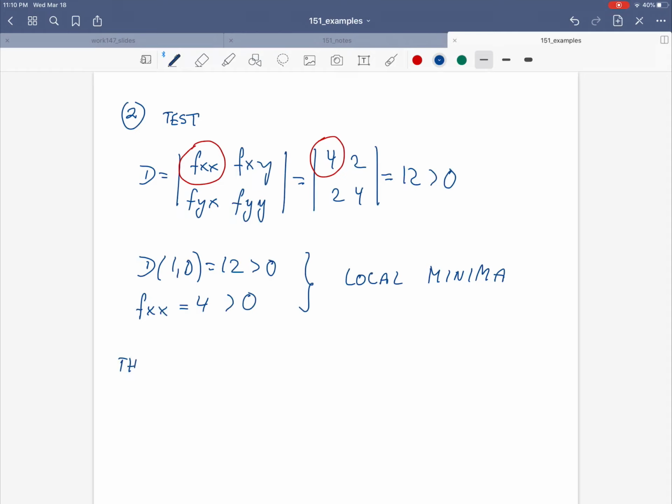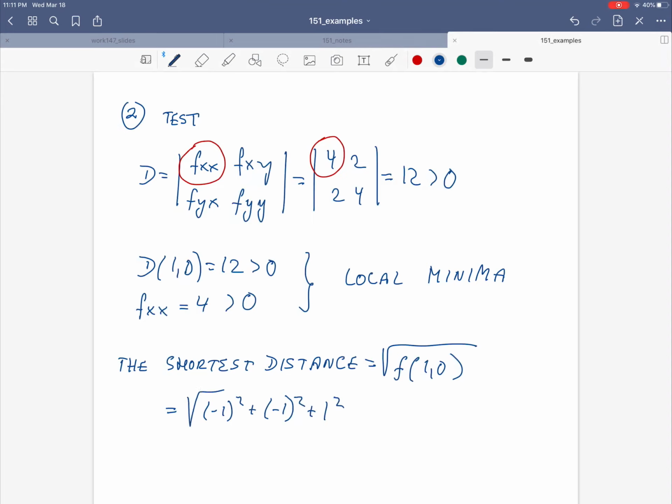So let us formulate the answer. The shortest distance is, now remember that the function was set up as the square of the distance. So the shortest distance is the root of f at the local minimum (1, 0), which, plugging into the formula for f, we get (minus 1) squared plus (minus 1) squared plus 1 squared, square root of that, so we get square root of 3.